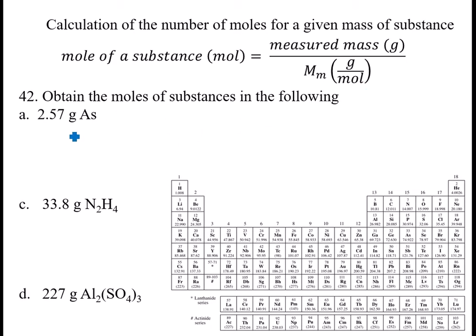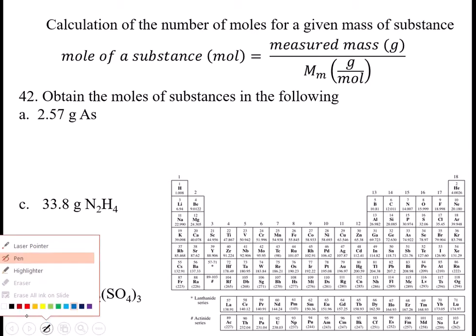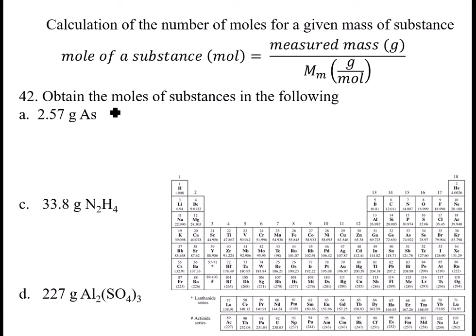Okay, so again, though, I need the molar mass of each one of these. And so the molar mass of arsenic is 74.92. I just pre-looked these up because it's hard to read on here, but I'm basically getting these from this right here.